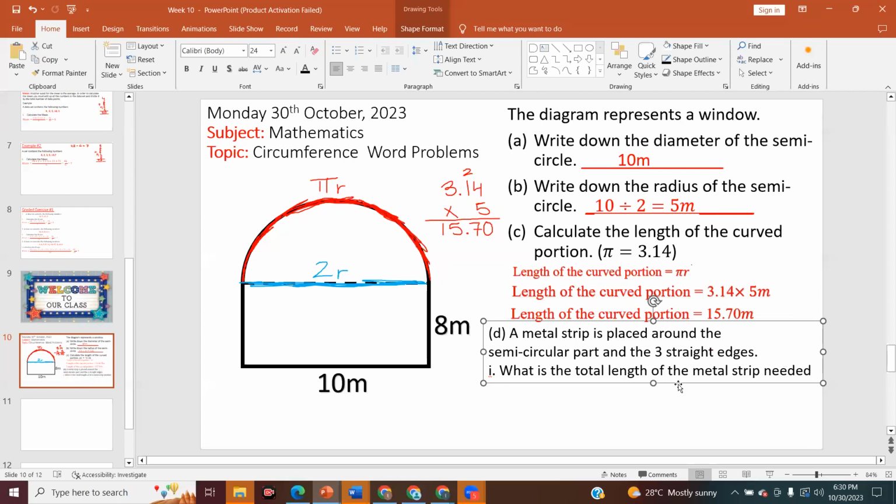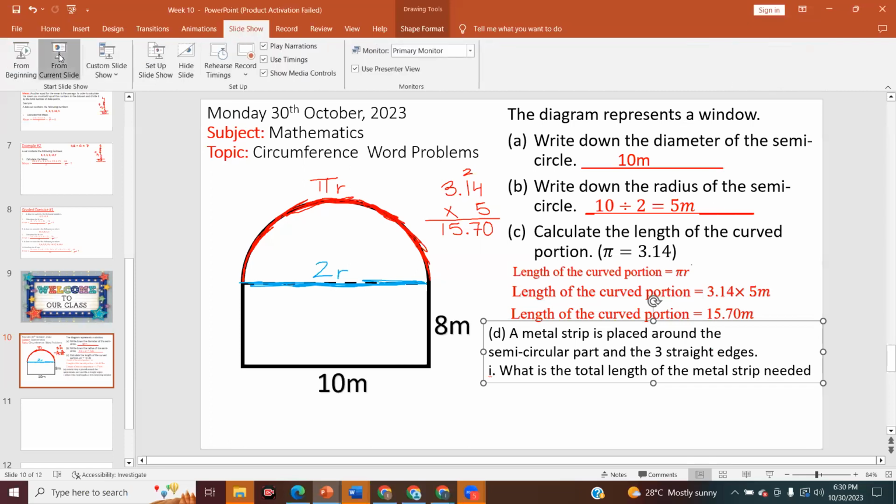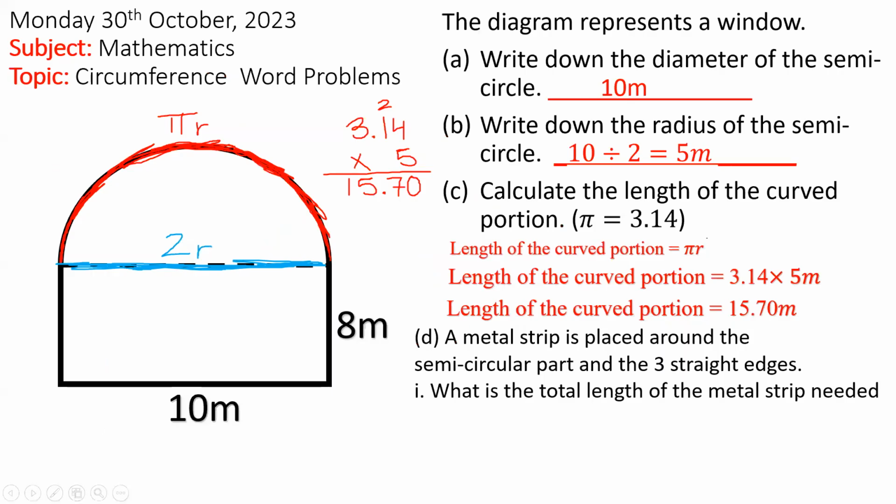Okay, so what does this mean? Let's say a metal strip is placed around this figure. I'm going to use yellow to denote it, right? A metal strip is placed around the semicircular part and the three edges.